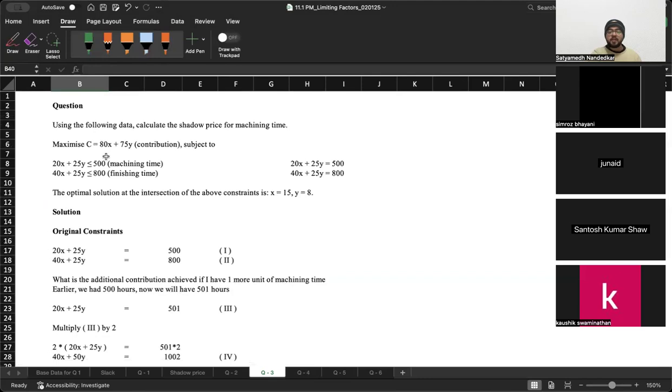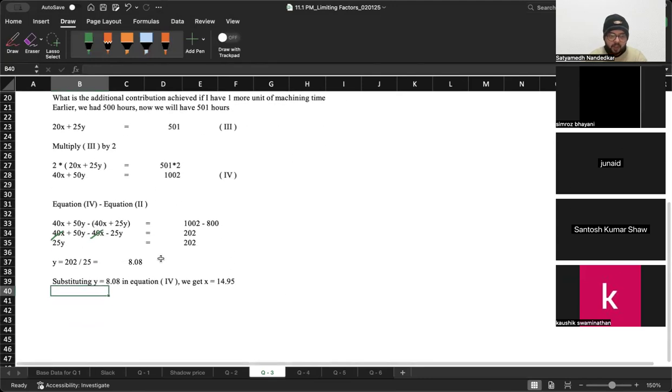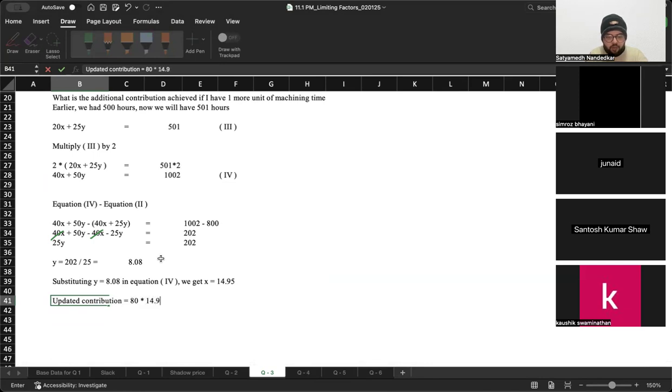Now try to see what is the updated contribution. Your objective function was 80x plus 75y. So what is the updated contribution? 80 into 14.95 plus 75 into 8.08, 1802.